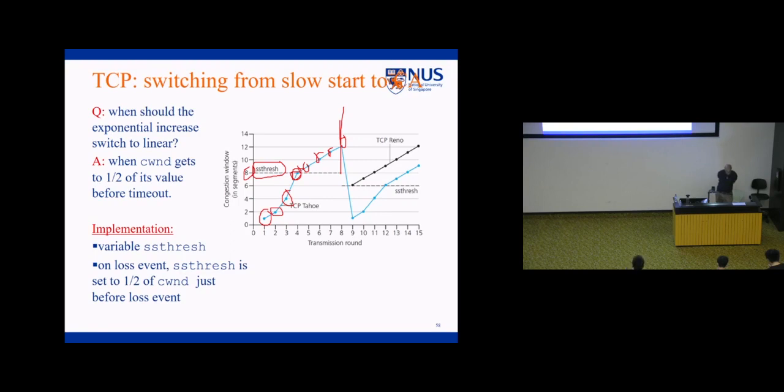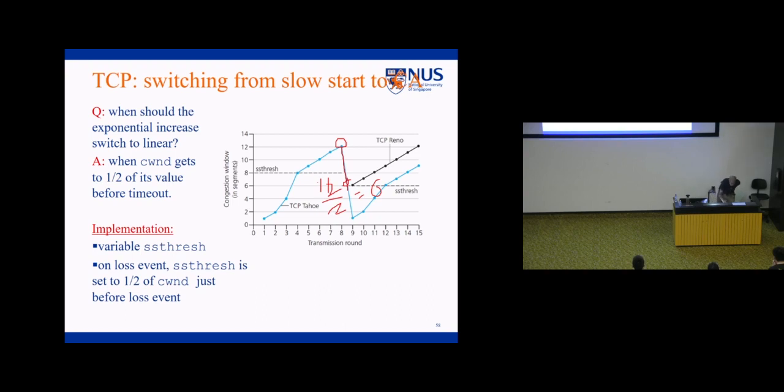And let's say you detected it through 3 duplicate acknowledgements. The loss was detected through 3 duplicate acknowledgements. In that case, in the case of TCP Reno, you will decrease your window from 12 divided by 2, which is 6.